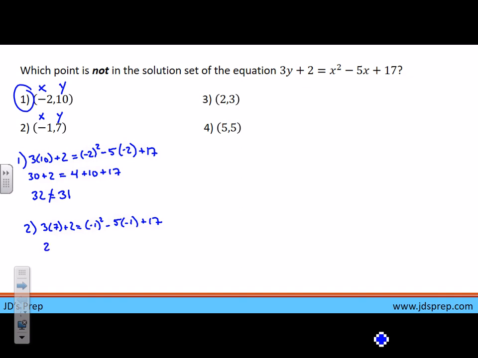On the left side, 21 plus 2. On the right side, 1 plus 5 plus 17, and we end up with 23 on both sides, which means that number 2, the point -1, 7, is in the solution set.